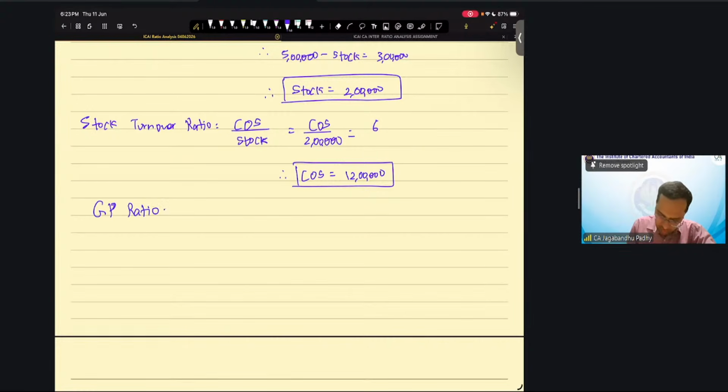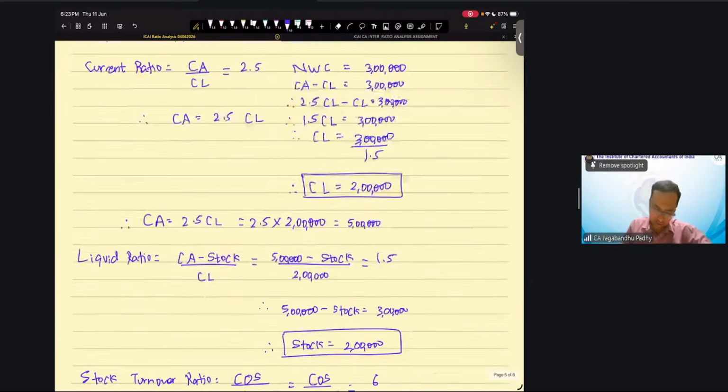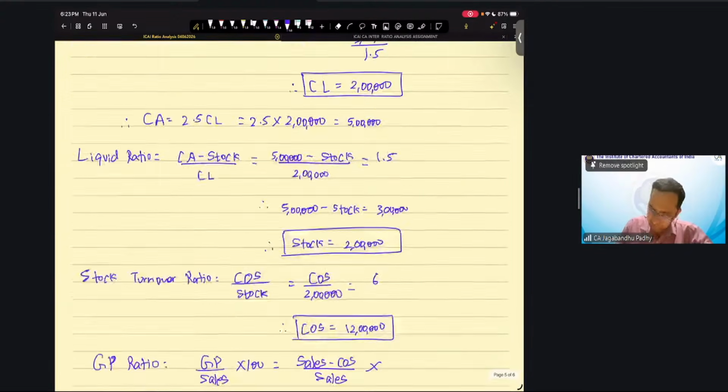GP ratio is computed as gross profit upon sales into 100. We get the gross profit as sales minus cost of sales upon sales into 100, and this GP ratio is 20%.